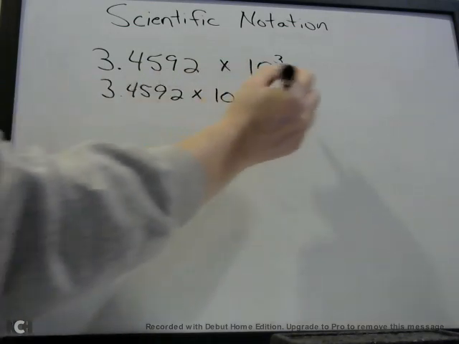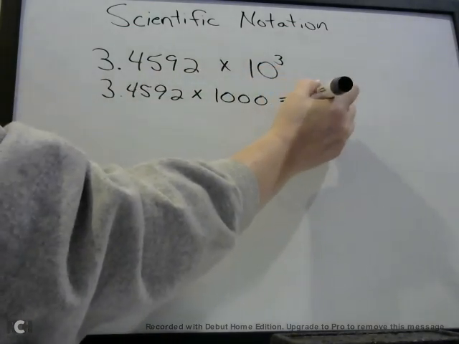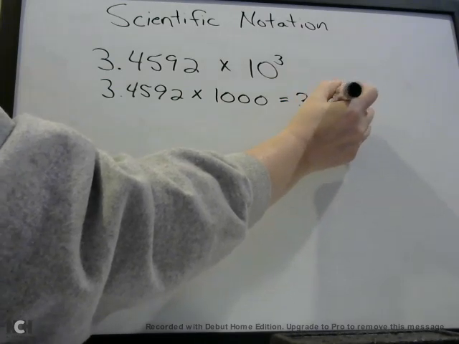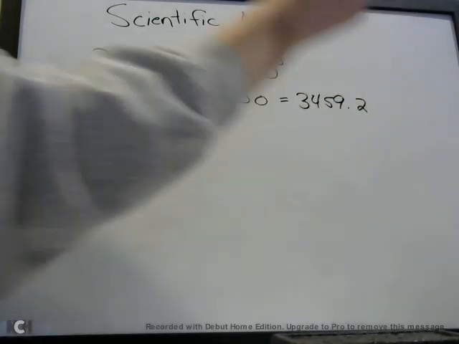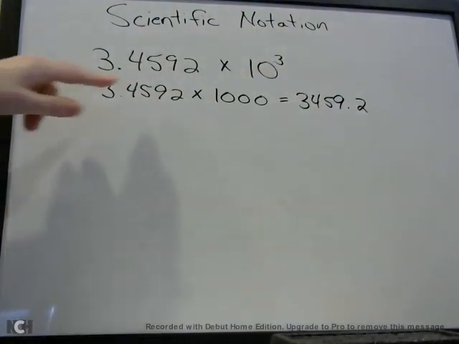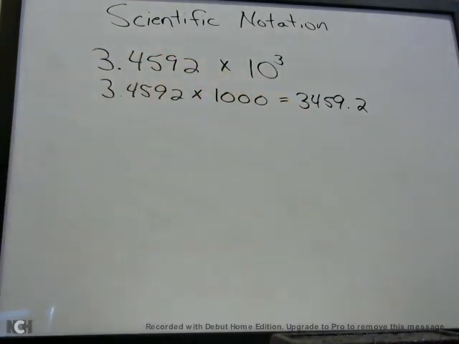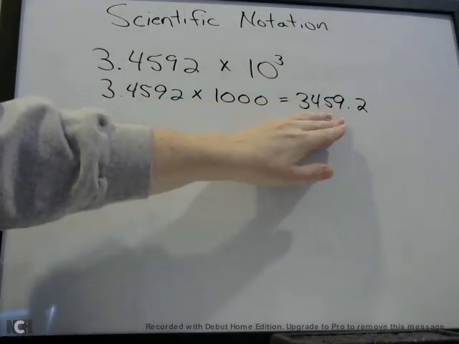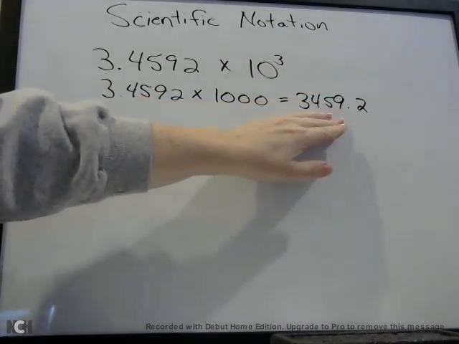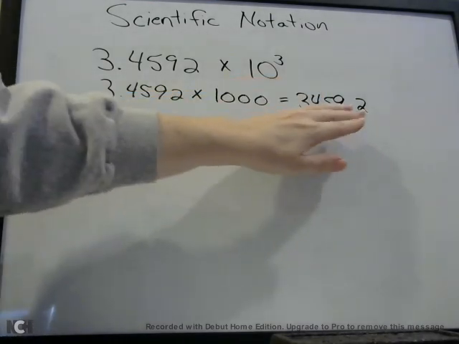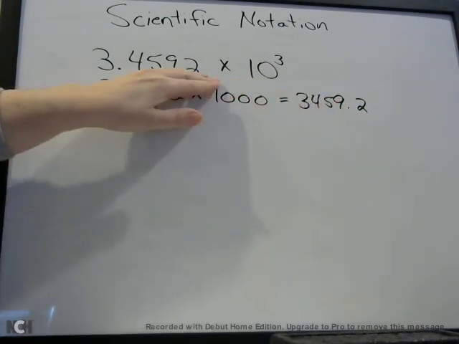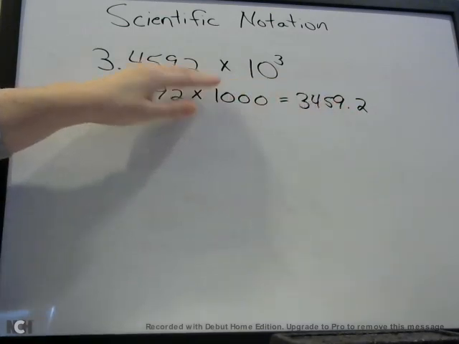So you can do this multiplication and you get 3,459.2. So these two are the same. They're just written in different formats. This is how we normally look at numbers, 3,459.2. This is that same number written in scientific notation.